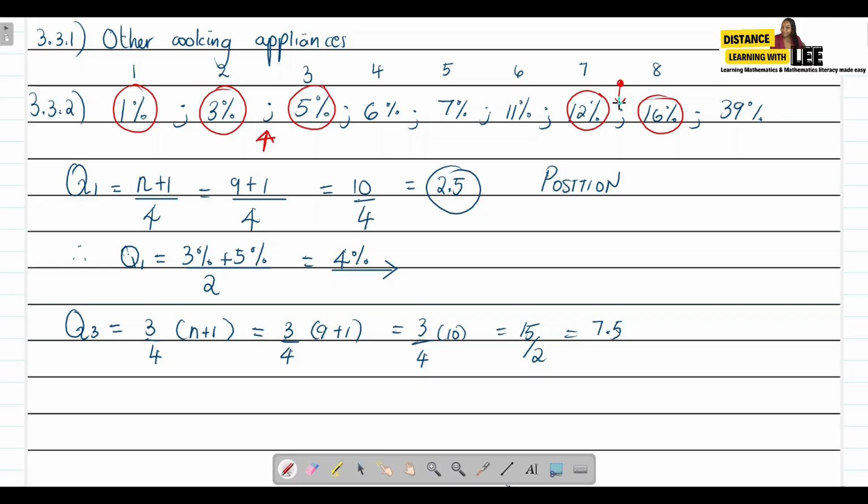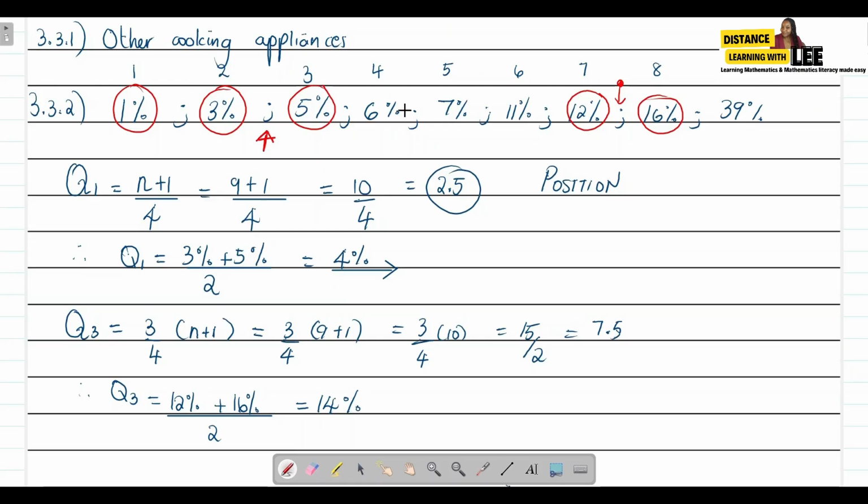So our Q3 is equal to 12% plus 16% divided by 2. If you punch it into your calculator, 12 plus 16 divided by 2 will give you 14. We're dealing with percentages, so it's going to be 14%.